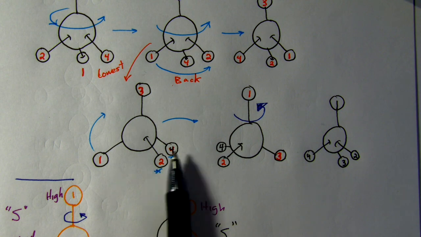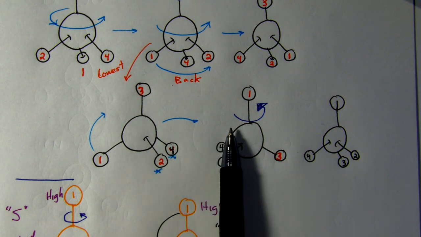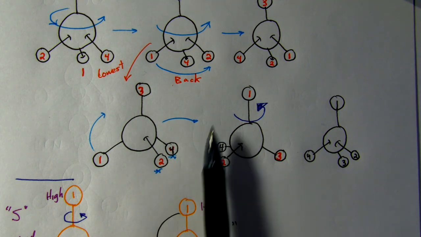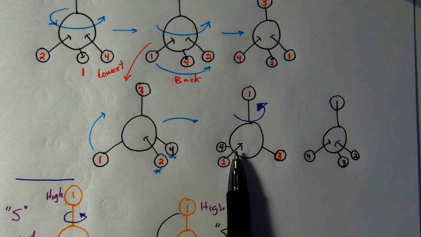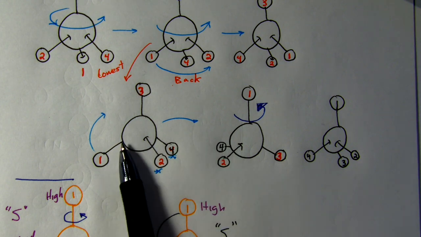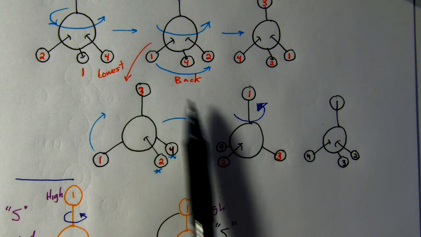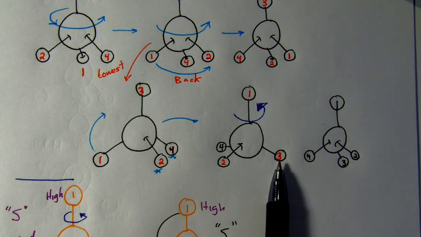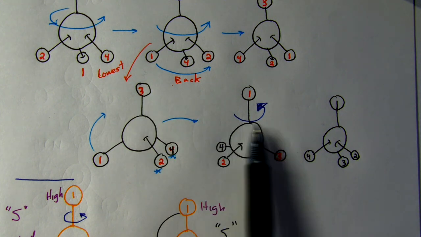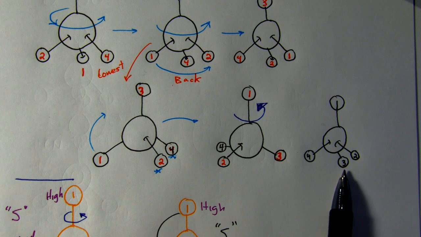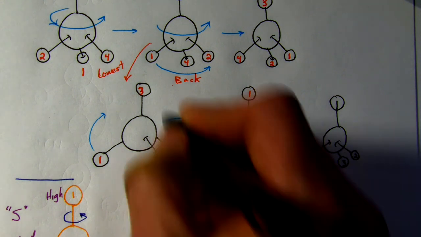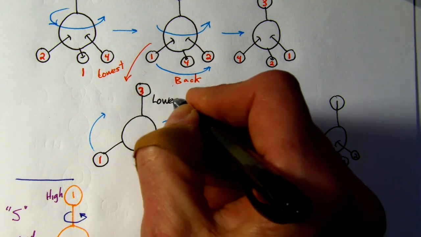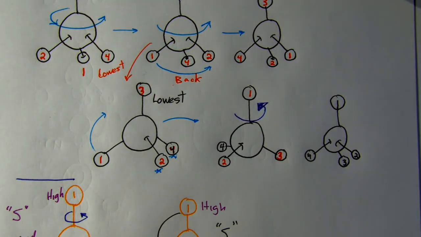What you do is you keep 2 and 4 in place, you tip that over. 4 and 2 now look like the mirror image that we had before. The 1 is now going to be up in the air, and the 3 is now down here. Then you can rotate it and put your 3 in the back, if 3 was, for example, the lowest priority. So if the lowest priority was the one on top, then that's how you would read it.